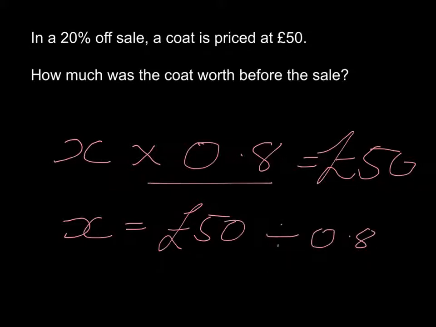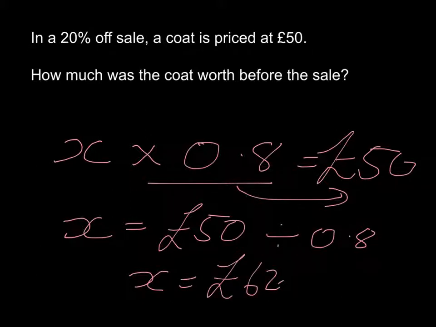So this 0.8 has been moved over to the other side, and because it's gone past the equal sign, it's become a divide. So this is now just a calculator away. So we're going to do on our calculators the 50 divided by 0.8. Typing that in, I get £62.50.